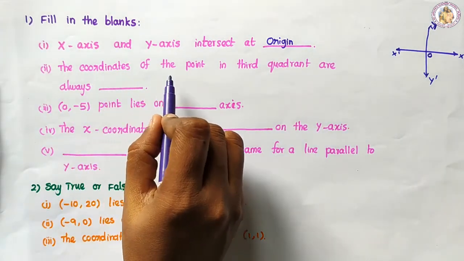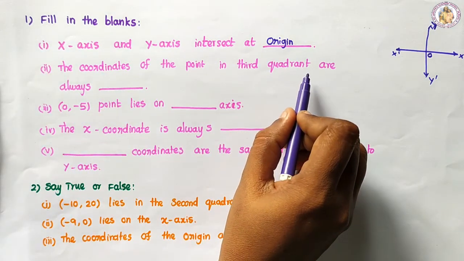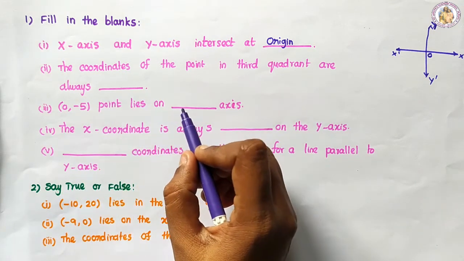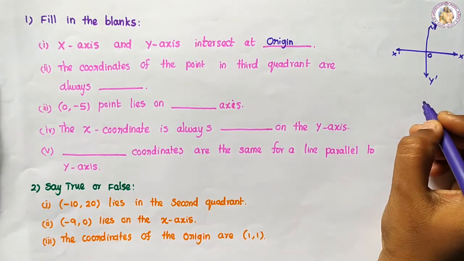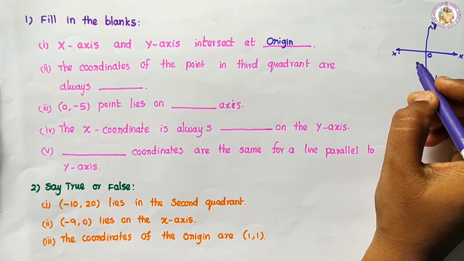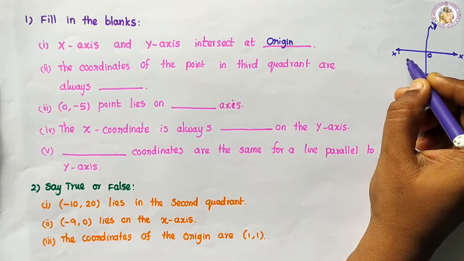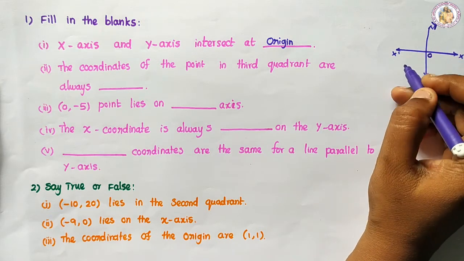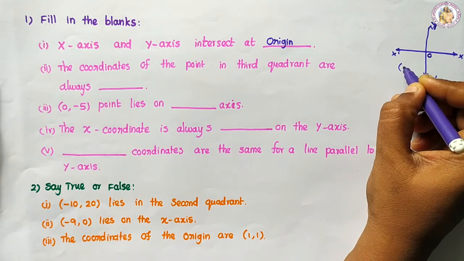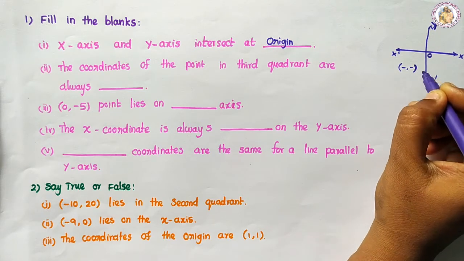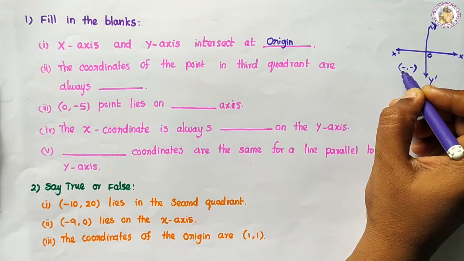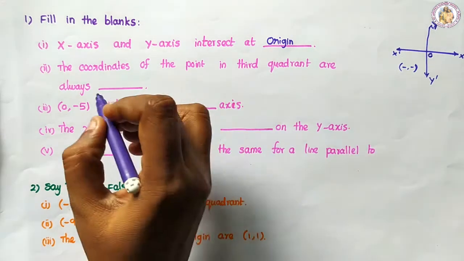The coordinates of a point in the third quadrant are always dash. Coordinates means the x value in the point. The third quadrant is minus comma minus.